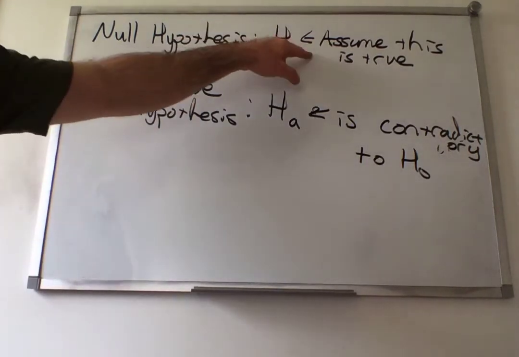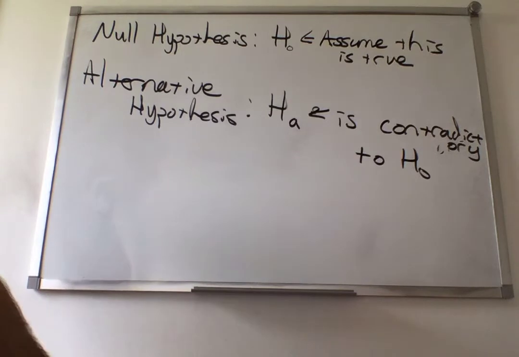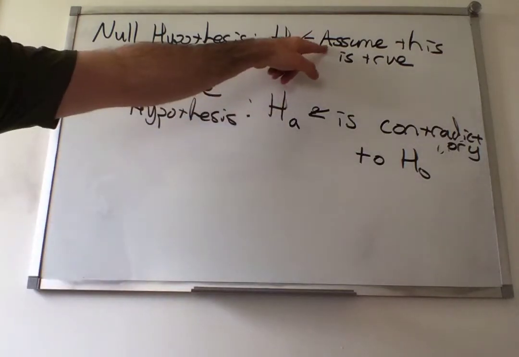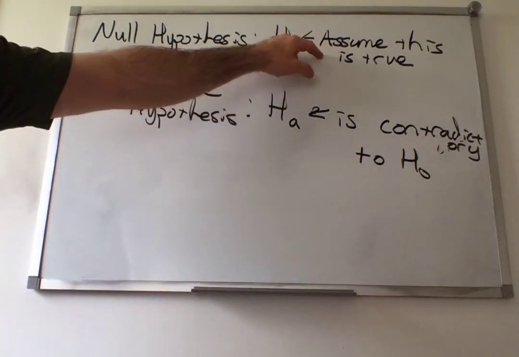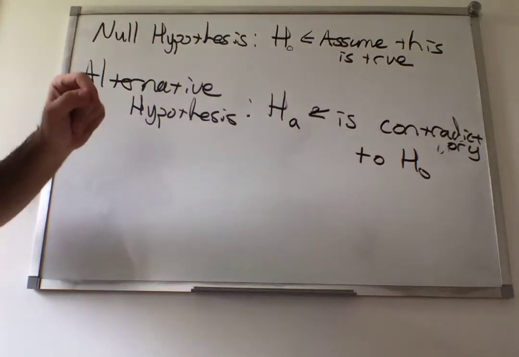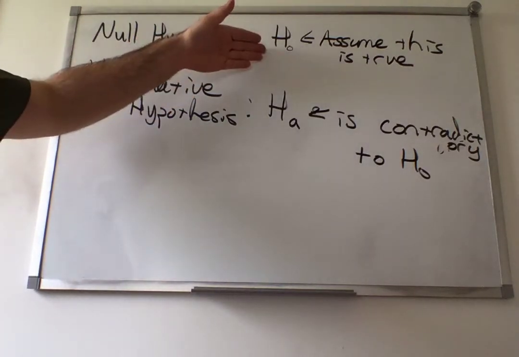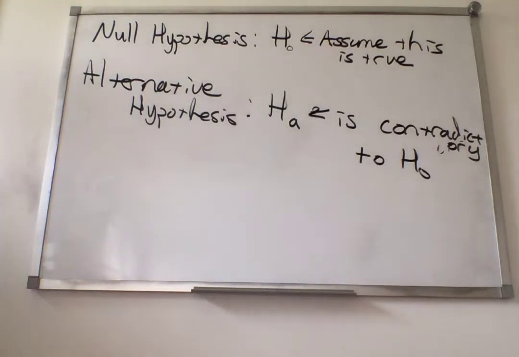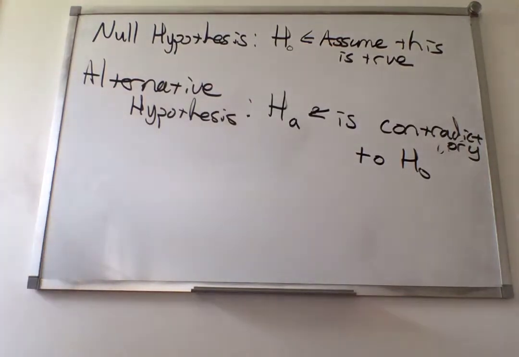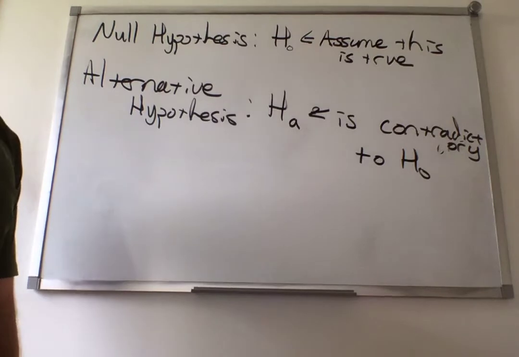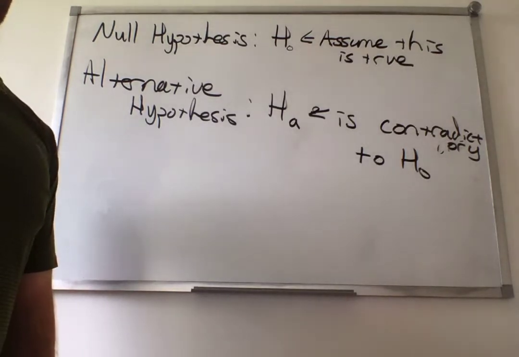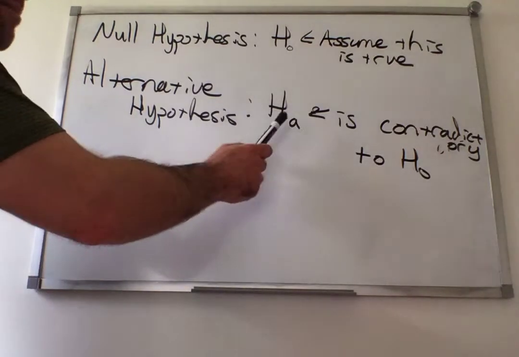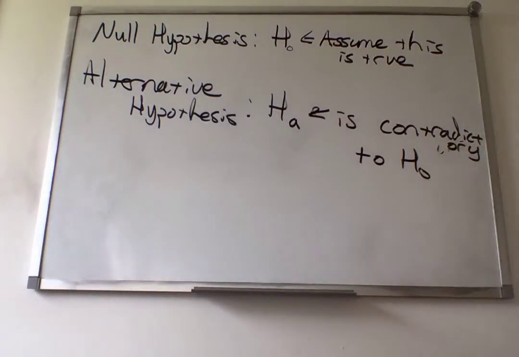Now, if I'm assuming this to be true, but then I go through, find out the numbers, tell me that I'm wrong, my assumption's wrong, and this one's actually false, or could be false, since they're opposites, then this one has to be true. Okay? So that's very important that they are contradictory of each other. Now, sometimes the alternative hypothesis is called the research hypothesis. Okay?